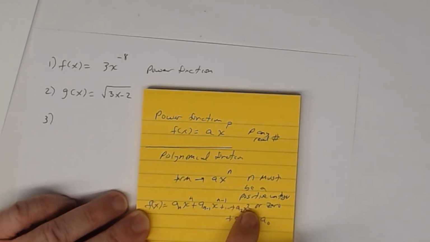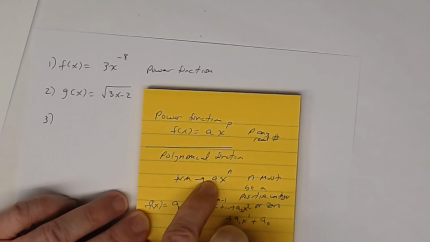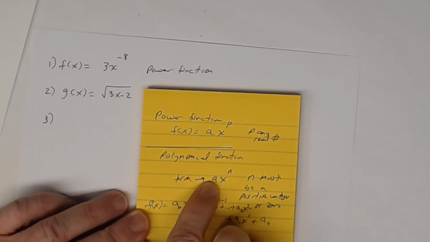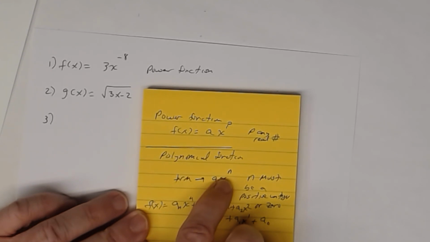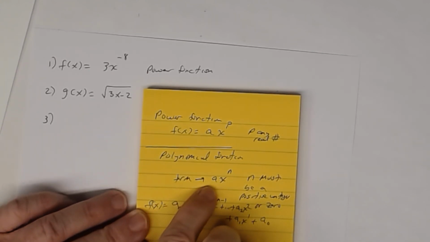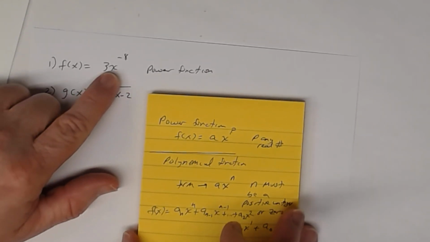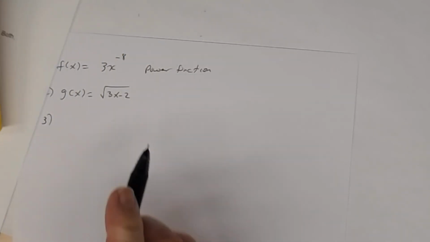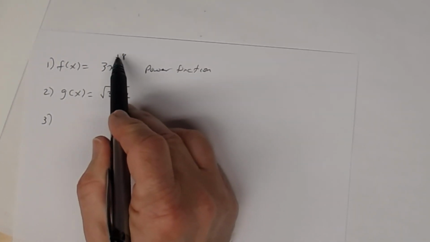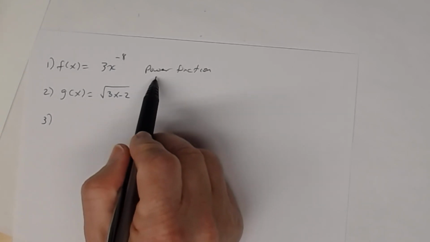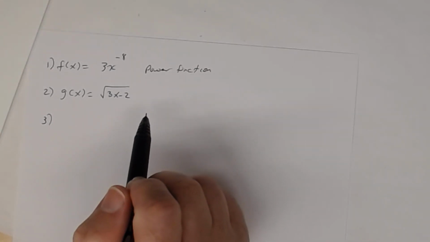Each of those terms must satisfy this: a could be any real number, and your exponent must be a positive integer or 0. If you look at this right here, this is not a polynomial because my exponent is negative. So all I can say is that this is a power function only.